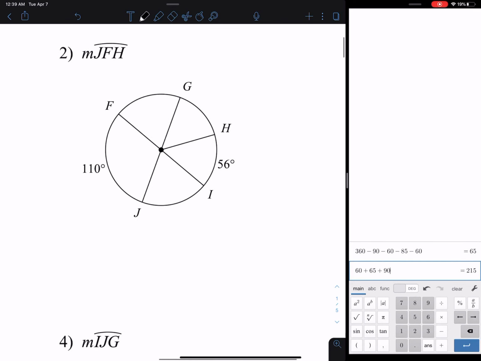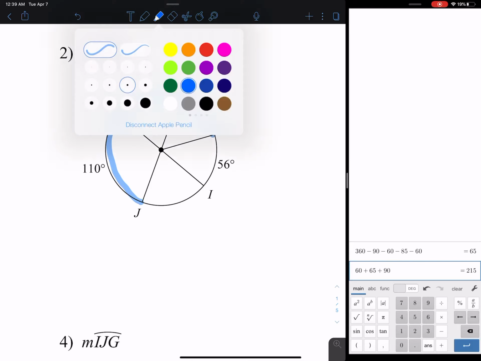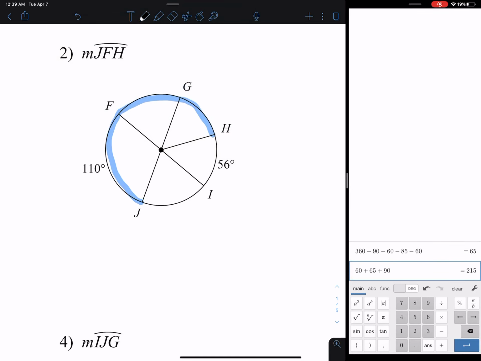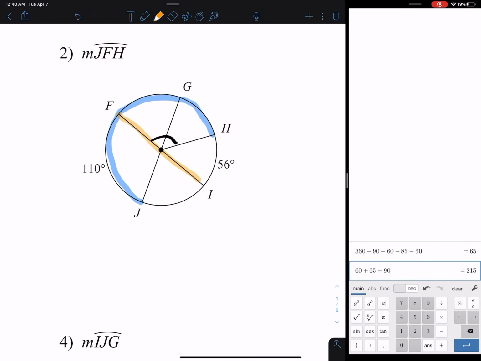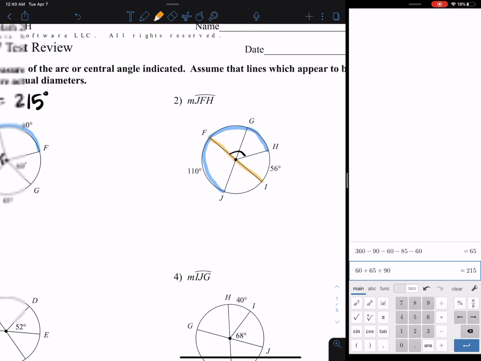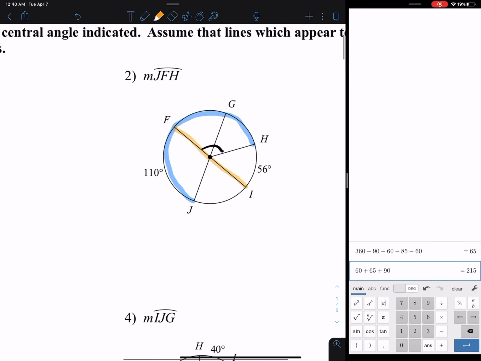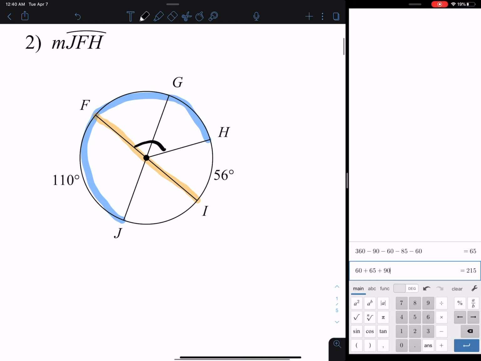Okay, the next one, we're looking for arc JFH. So J to F to H. We don't know what these two are, but we do know that FI is a diameter, because at the beginning it says assume that lines which appear to be diameters are actual diameters. So the whole thing is 180.